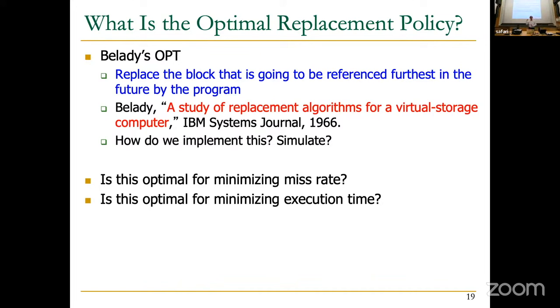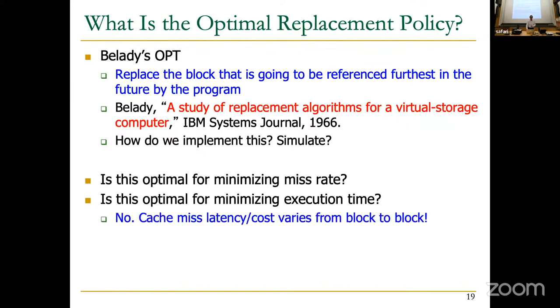And if this is the question, then the answer is this is not optimal for sure, because it doesn't take into account the cost of a cache miss, the latency of a cache miss. Not all cache misses are equal, and I will show you some examples of this, but I've already given you an example. If you can fetch the block quickly after you evict it, assuming you need it again, that is a not so costly cache miss.